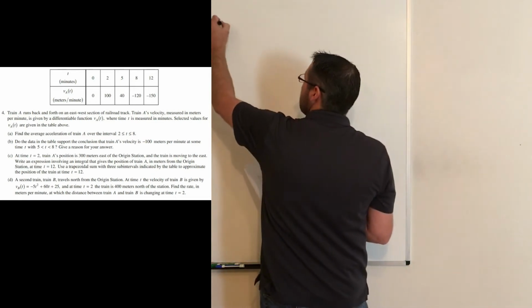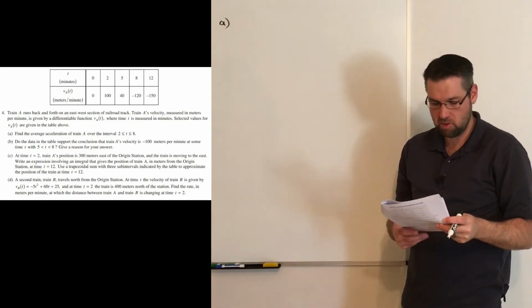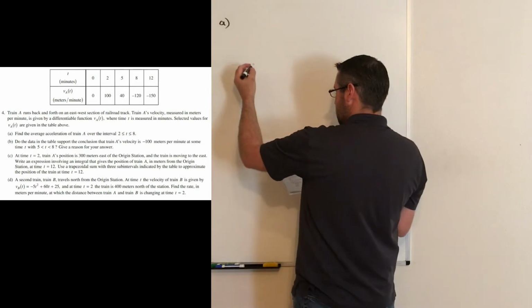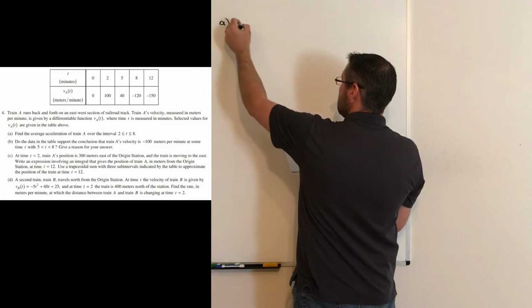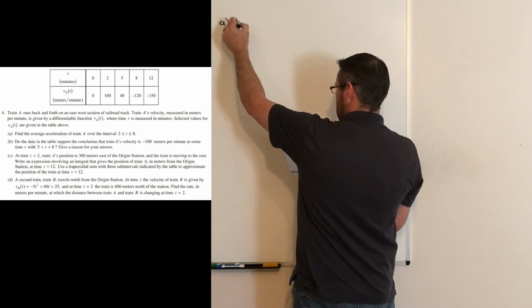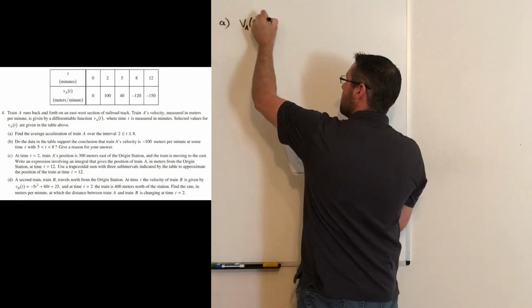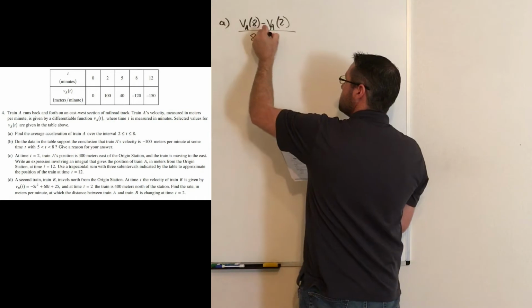So we're looking for the average acceleration. We can't find the exact acceleration, but we can find the average acceleration. Given velocity, we just need to find the slope of velocity over that interval. So this would be V sub A of 8 minus V sub A of 2 over 8 minus 2.